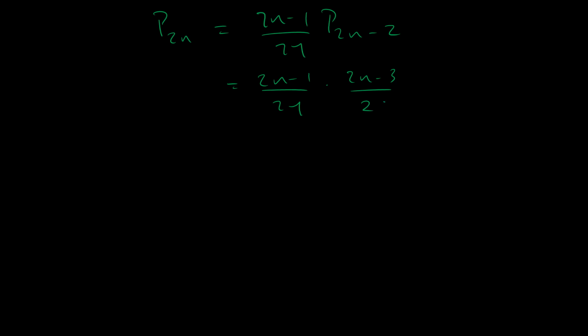What that tells us is that P of 2n is equal to 2n minus 1 over 2y P2n minus 2, which is equal to 2n minus 1 over 2y times 2n minus 3 over 2y all the way till we have P0.